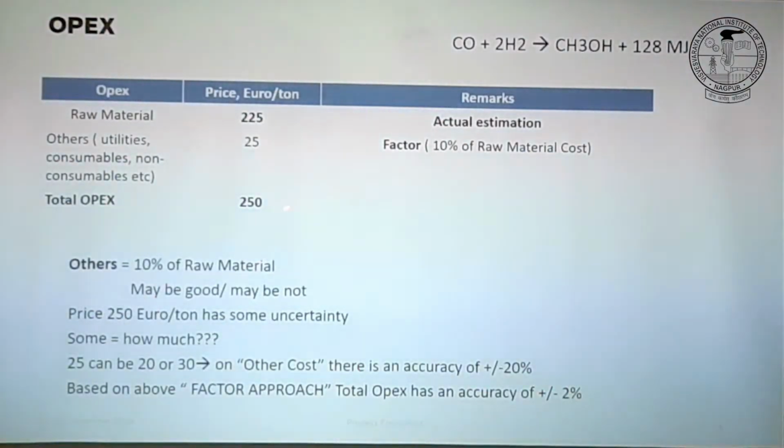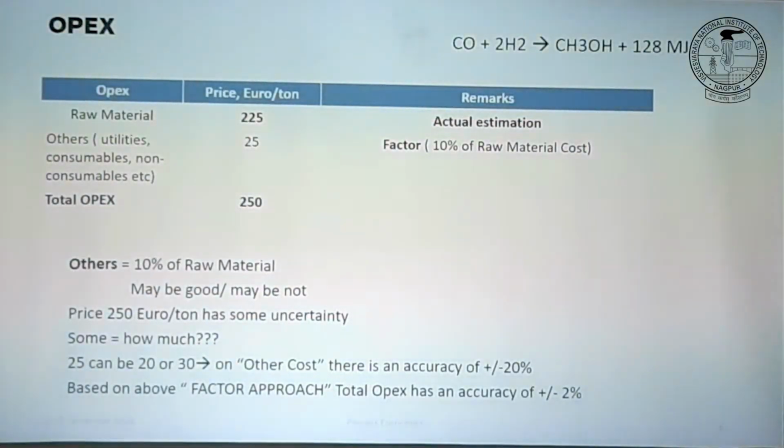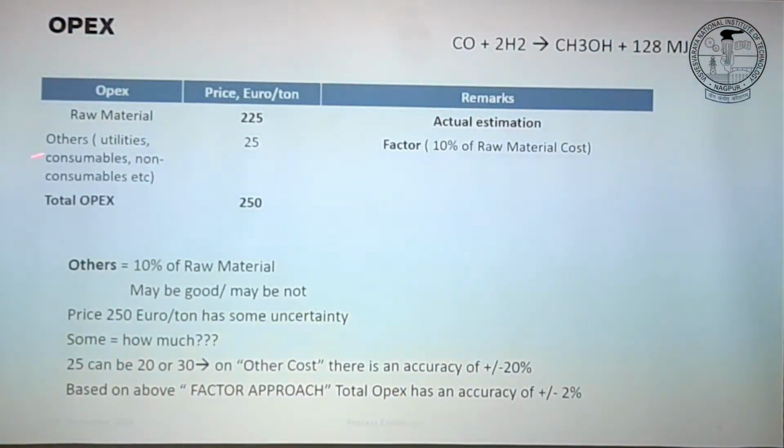Now, is the processing of raw material in the purification stage also included in the 10% or not? Let's say, for example, you have a raw material which comes along with impurities. For the separation of impurities, we need to process the raw material. The electricity and everything required for purification of your raw material is also included here.